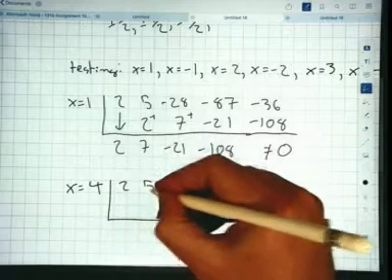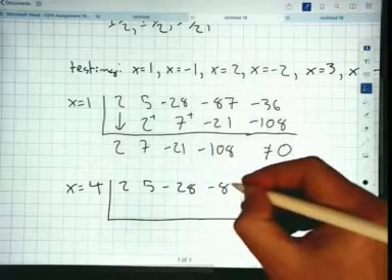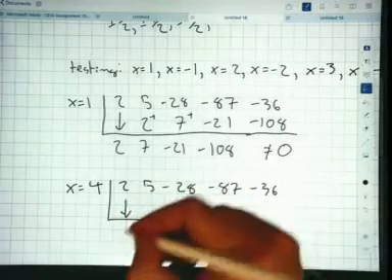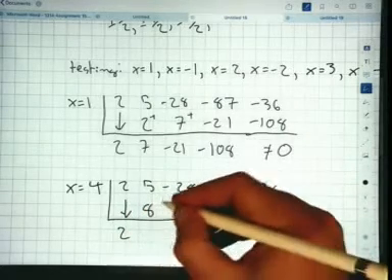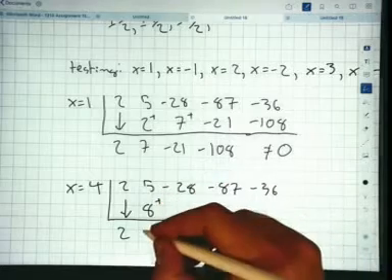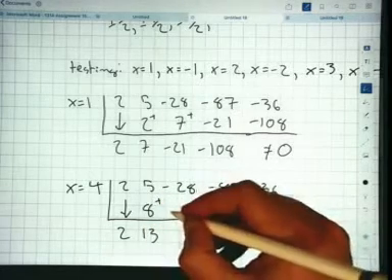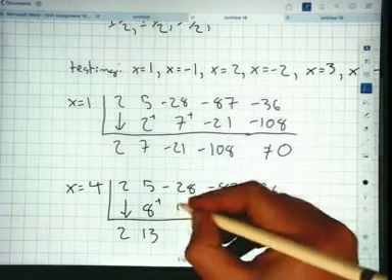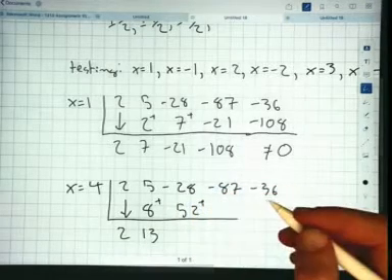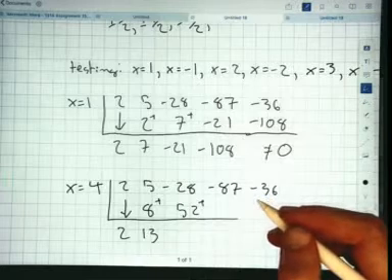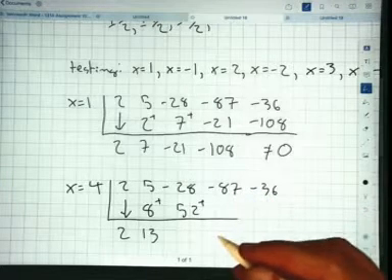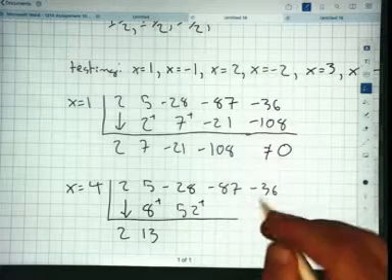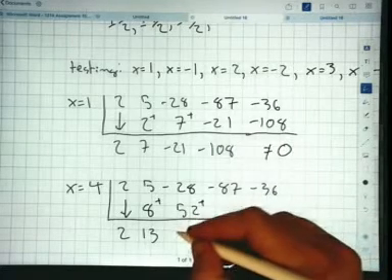So 2, 5, negative 28, negative 87, negative 36. Bring down the 2. That's going to be 8 and 13. Times 4 is going to be a 52. 52 minus 28 is going to be a 36.